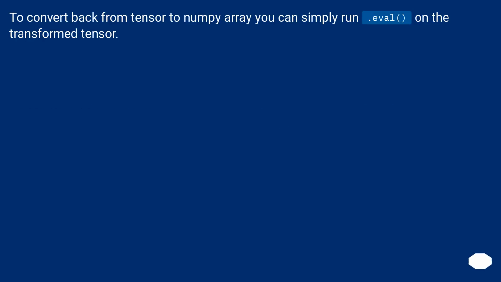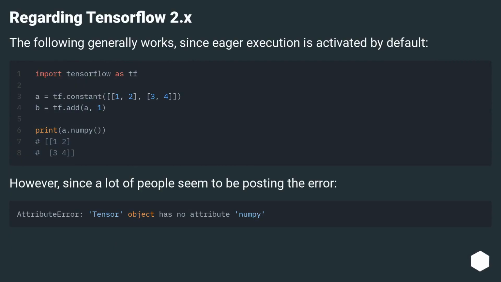To convert back from tensor to numpy array, you can simply run .eval on the transformed tensor. Regarding Tensorflow 2.x, the following generally works, since eager execution is activated by default.